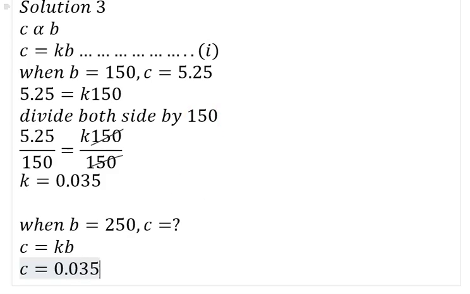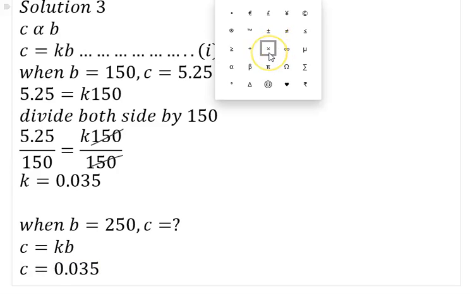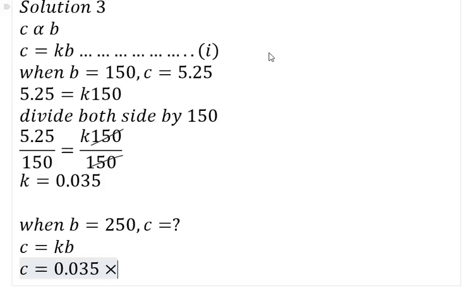Just multiply it by 250. Awesome. We are looking for C. Just make use of our equation 1 that we've gotten. K, 0.035 times 250.